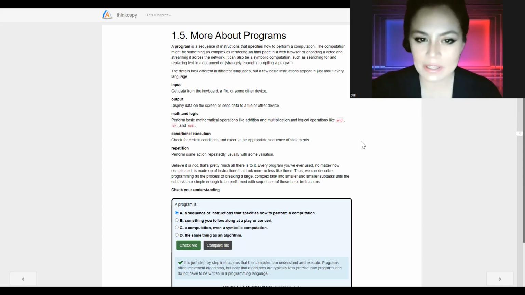The details look different in different languages, but a few basic instructions appear in just about every language, such as input, which gets data from the keyboard, a file, or some other device. Output, which displays data on the screen or sends data to a file or other device.